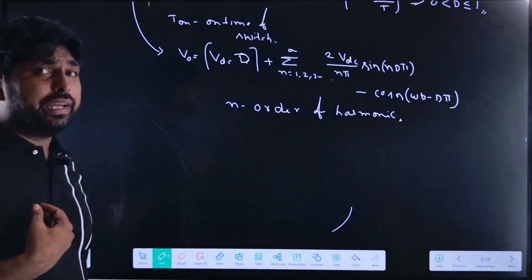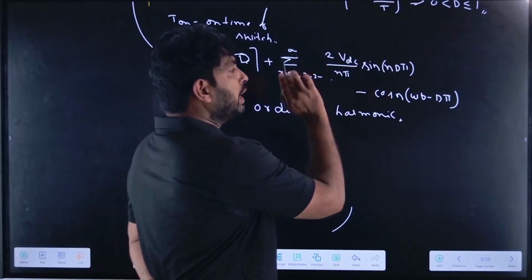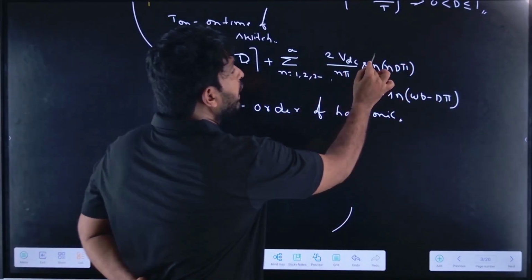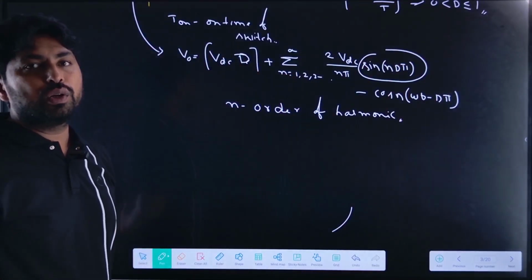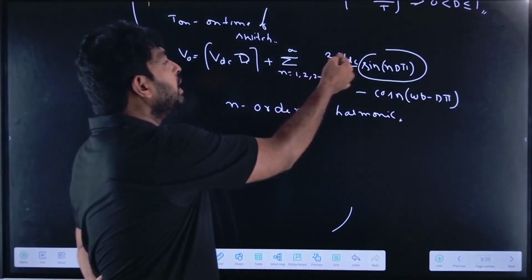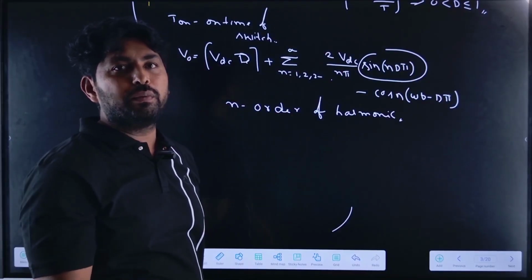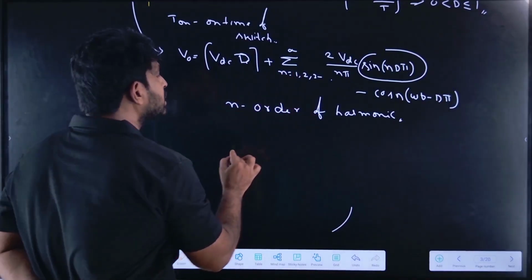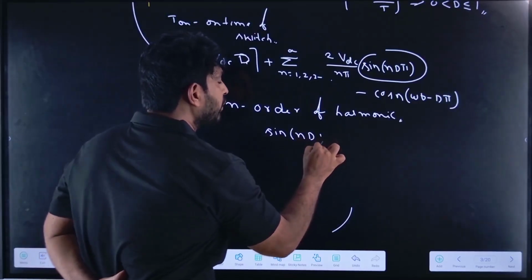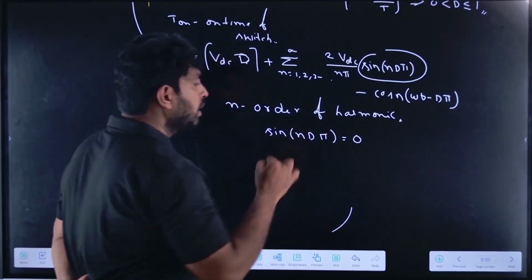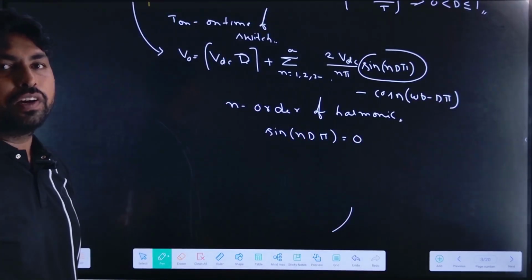If I want to make the nth harmonic equal to 0, I can make this term 0, so the particular harmonic will be 0. That means sine n d pi should be equal to 0.